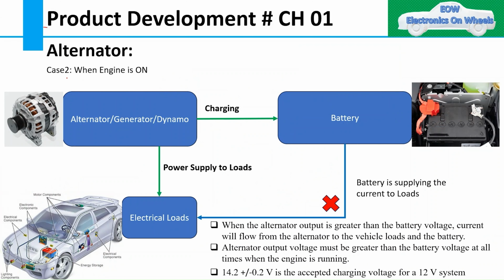In case 2, what happens? When the engine is on, meaning the engine is running, your alternator pulley will also start rotating, right? When the engine is on, the alternator is on, and it is producing voltage.